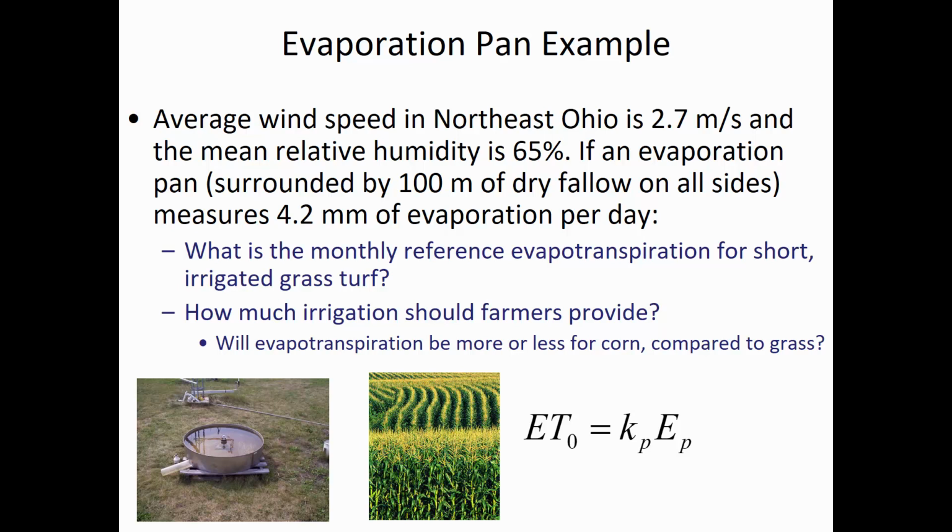And then we want to multiply that by 30 days per month to find out the monthly evapotranspiration that would be experienced. So 0.6, 4.2, and 30. 75.6 millimeters of evapotranspiration per month.